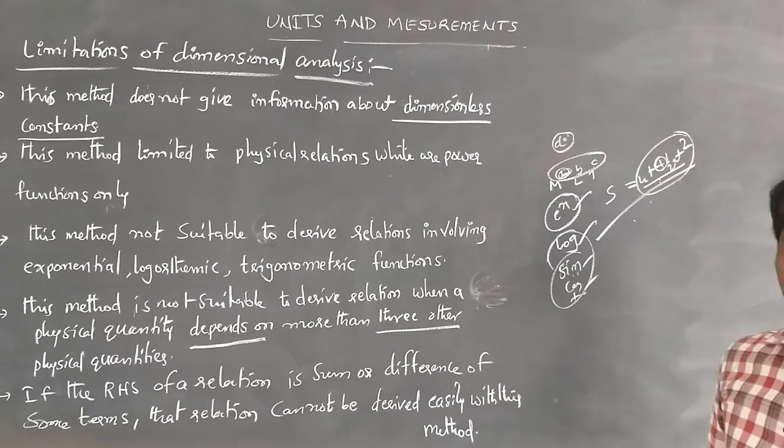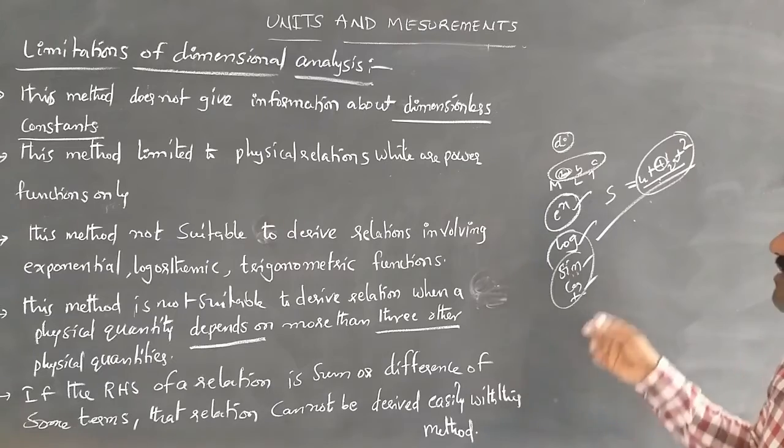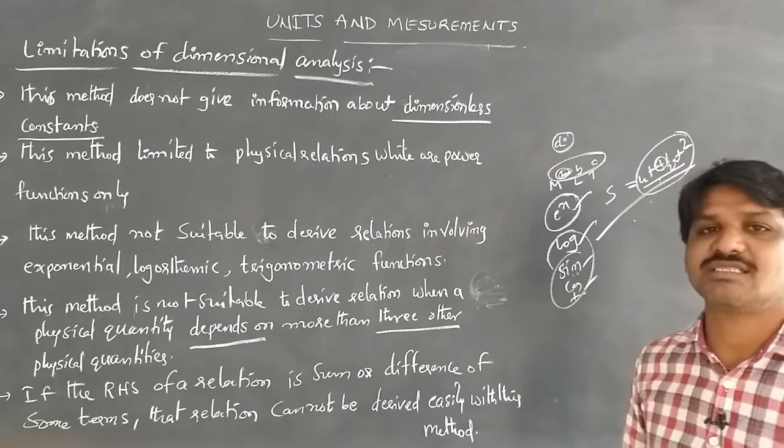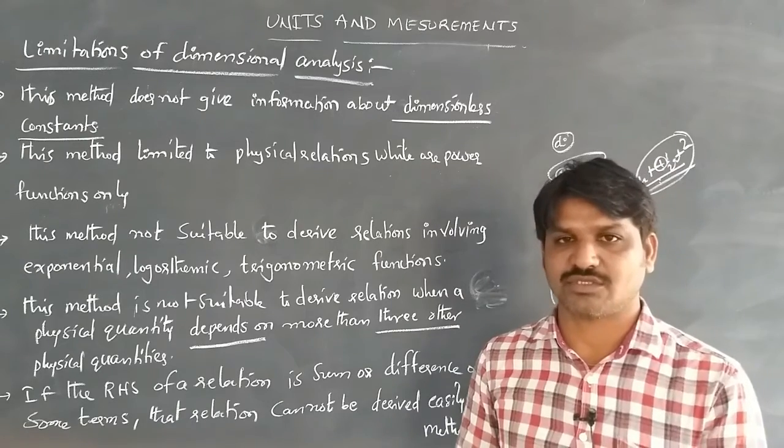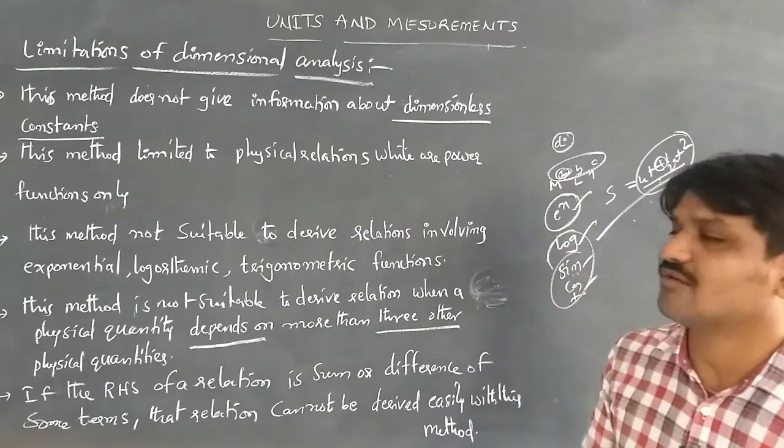We need to do more work to derive the equations which have a sum or difference of two values on the right side. So, these are the limitations of dimensional analysis.